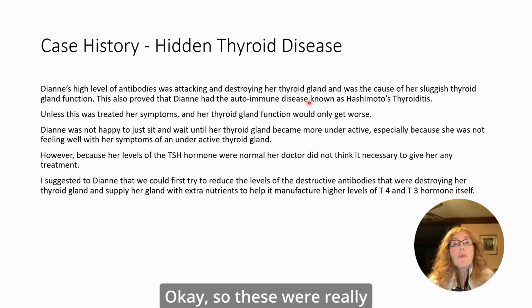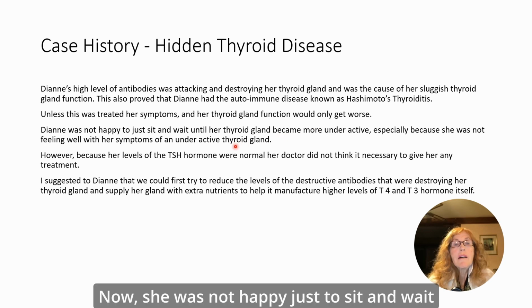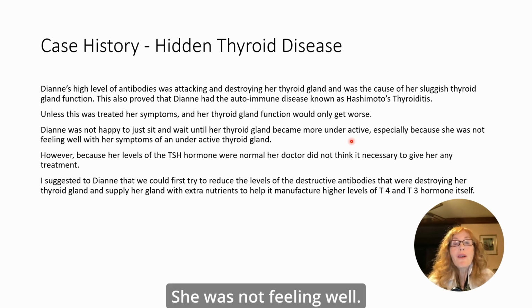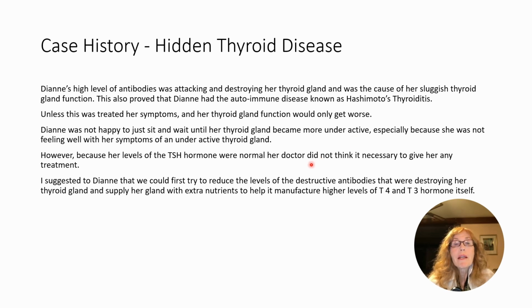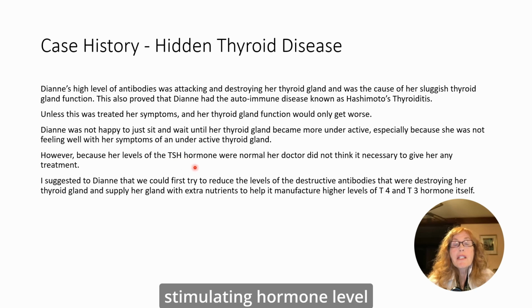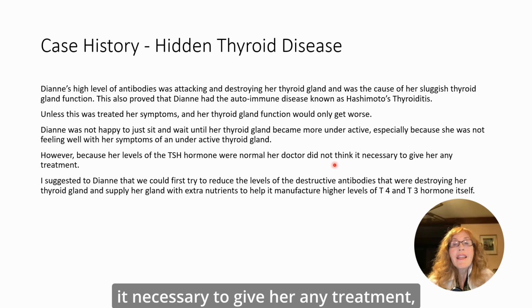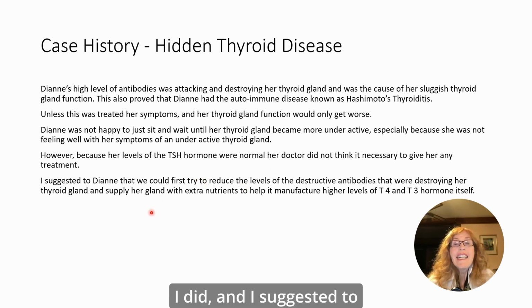Okay, so these were really damaging her thyroid gland, and unless we treated this, her thyroid gland would eventually completely fail. Now, she was not happy just to sit and wait till her thyroid gland became more underactive. She was not feeling well. So even though her thyroid stimulating hormone level was normal, and therefore her doctor didn't think it necessary to give her any treatment, I did.